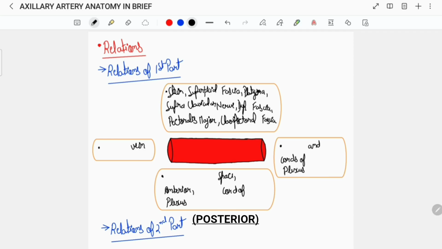Posteriorly, the first part of axillary artery is related to the first intercostal space, the serratus anterior muscle, and the medial cord of the brachial plexus.